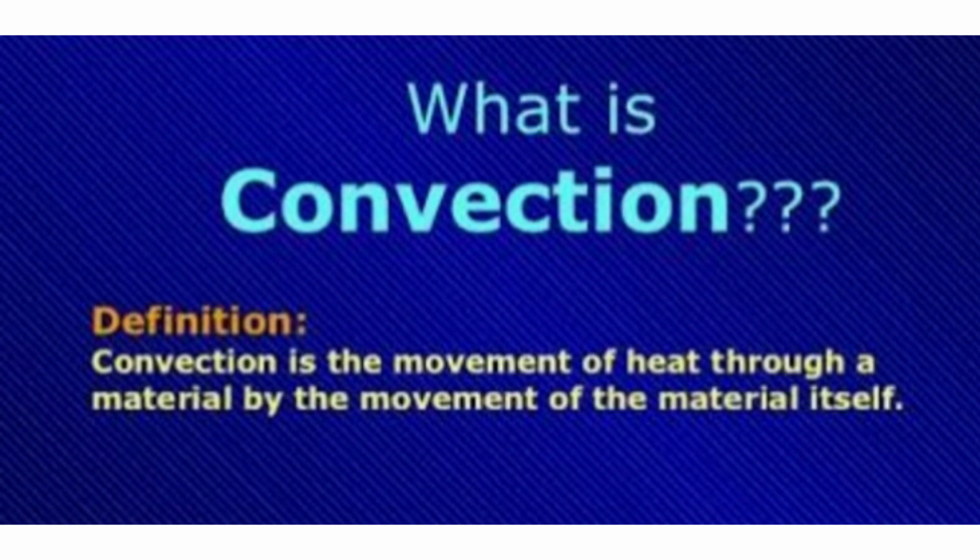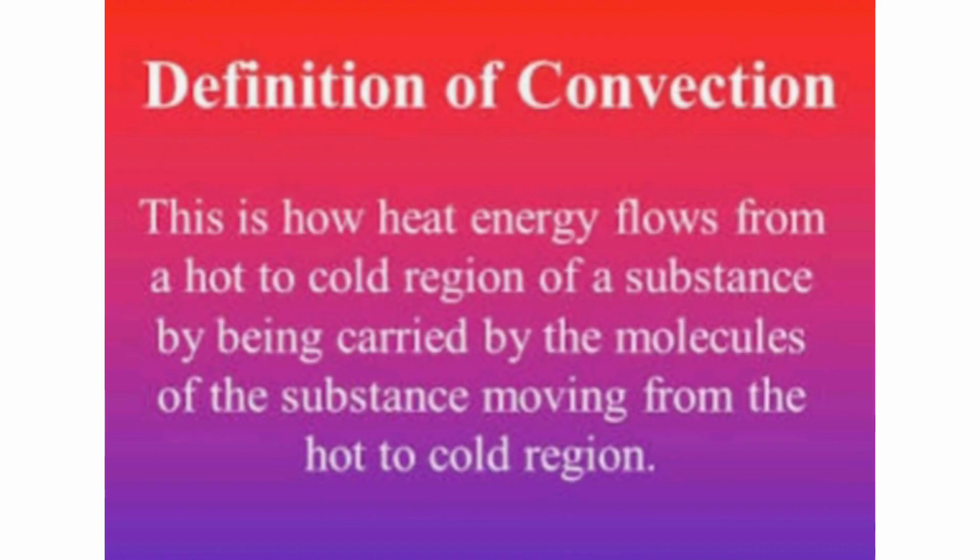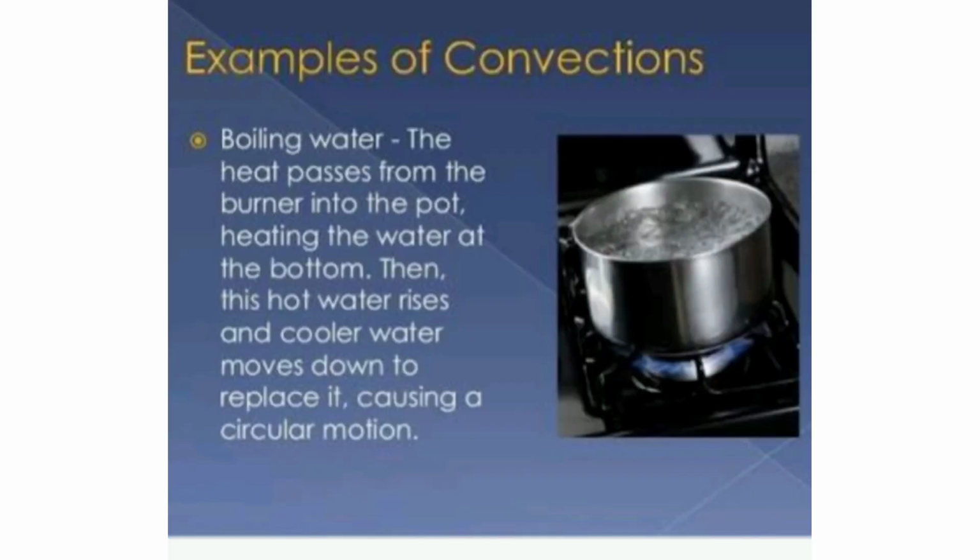Listen here. Heat energy flows from a hot to cold region of a substance by being carried by the molecules of the substance moving from the hot to cold region. For example, boiling water.